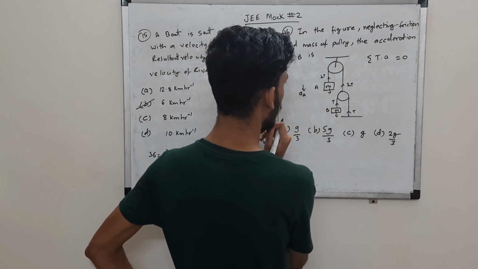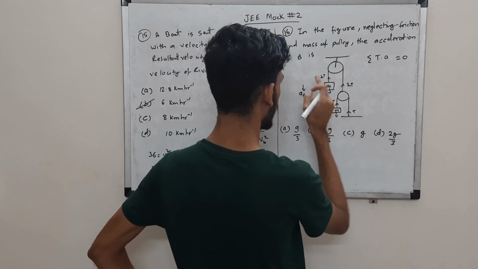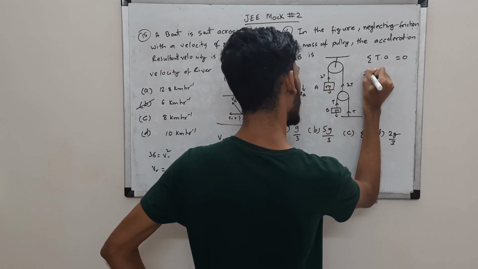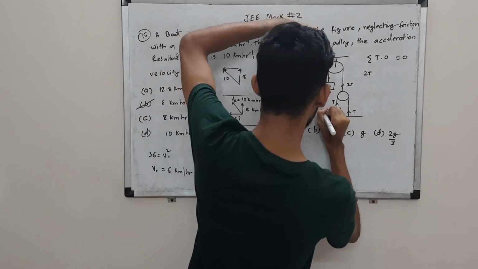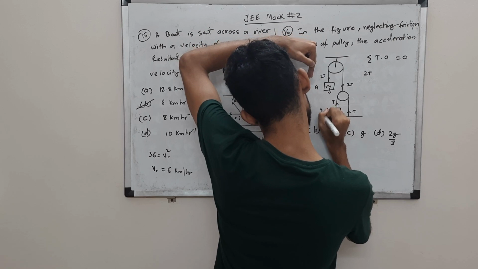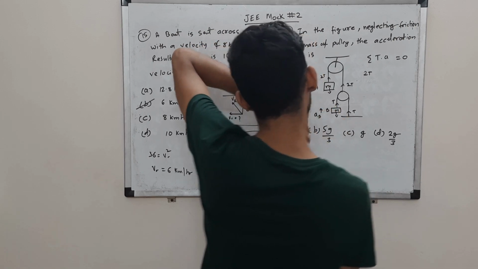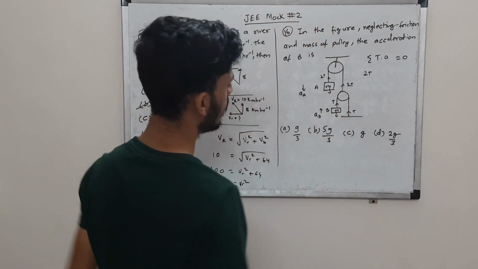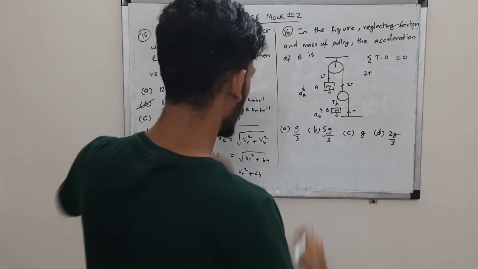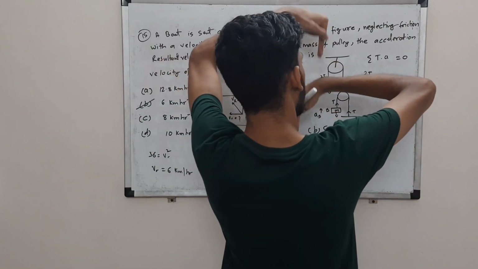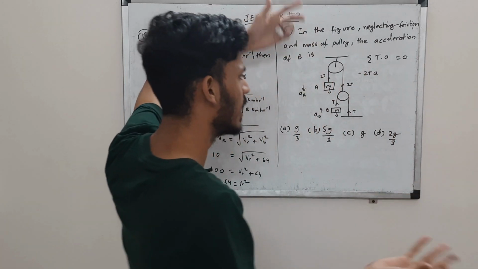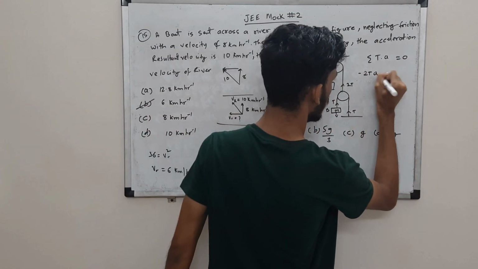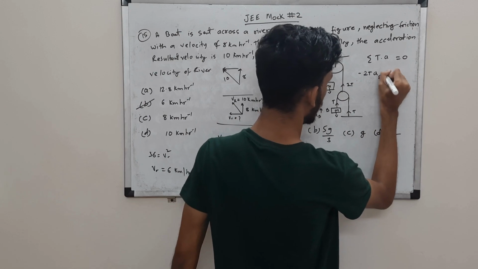Here, if you see T dot a, we have 2T dot, and the angle between 2T and a. We'll assume that B is going up, so if A is coming down, B is going up. Now 2T and the acceleration of A are in opposite directions, so cos 180 is minus 1. This is for this block. Let's come to the other block.